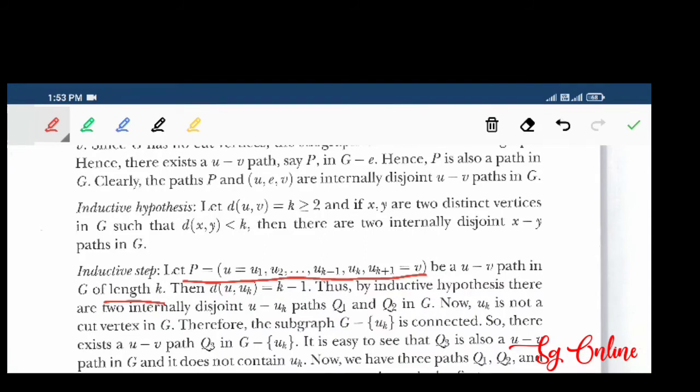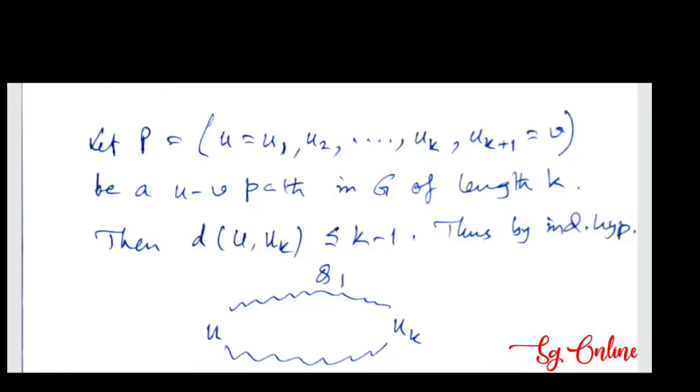Now we will show it in a better diagrammatic way. We start with a path starting from u and ending with v, a uv path in G of length k. We wish to show two internally disjoint paths between u and v.